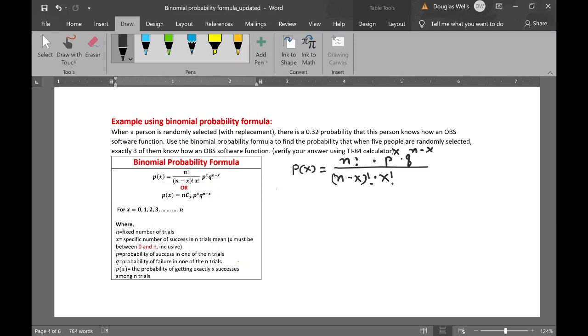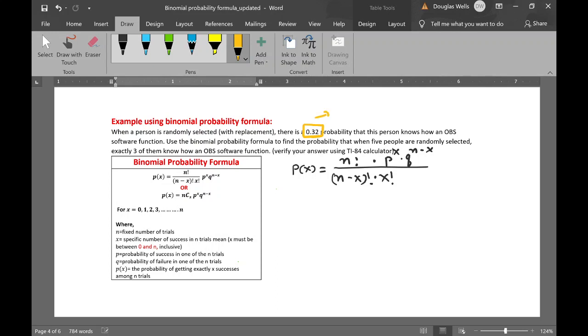Now let's decide what our n, p, q, and x is from our question. So let's read the question one more time. It says when a person is randomly selected with replacement, there is a 0.32 probability that this person knows how an OBS software functions. So this is a probability of success, as we have learned in our earlier questions as well.